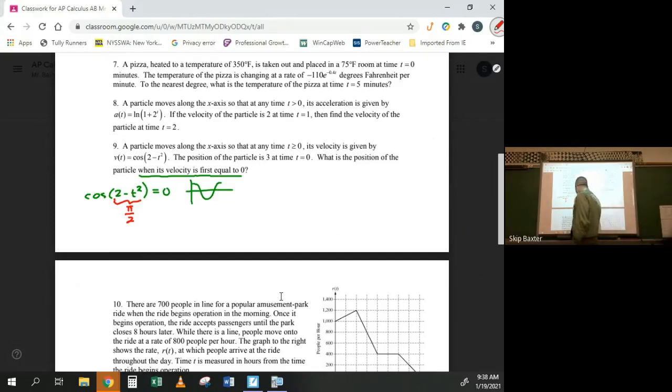So just solve that equation now. 2 minus t squared equals pi over 2. Does that make sense? And then solve for t. So here I have t squared equals 2 minus pi over 2, and t is equal to the square root of 2 minus pi over 2. And we're looking at time, so it can't really be negative.